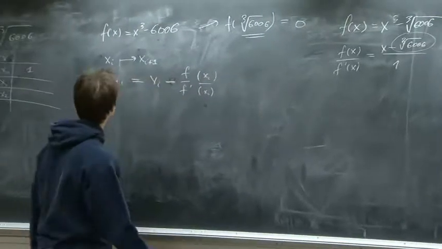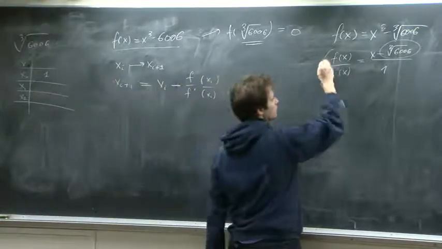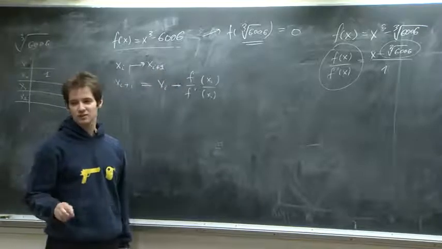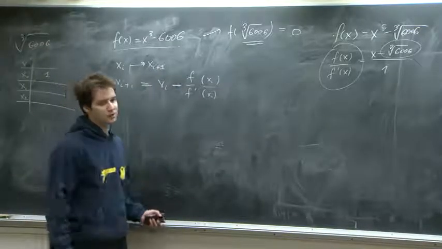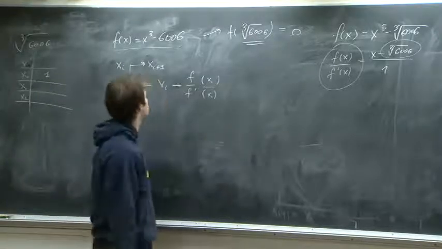By the way, it's not enough that f is easy to compute. What you want is for this quotient to be easy to compute. In the case of division, we had a function that looked pretty wacky, but when we divided it by the derivative, we got something reasonably nice. So this has to be easy to compute.